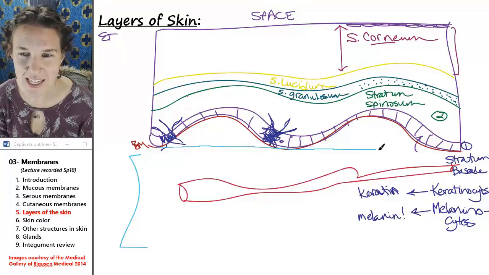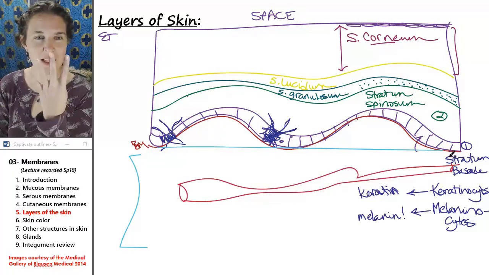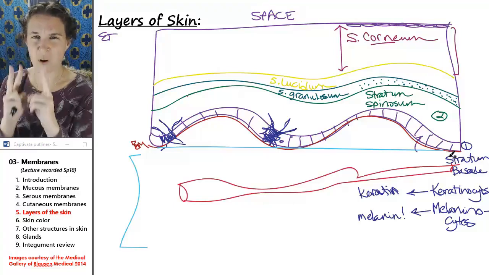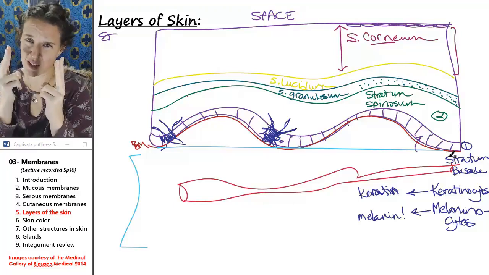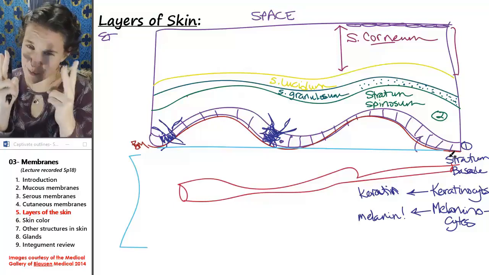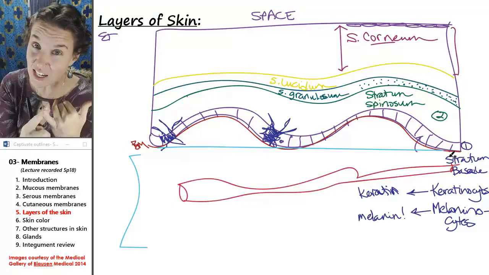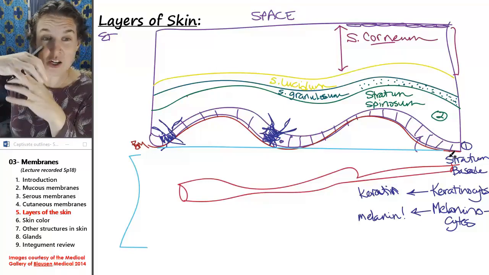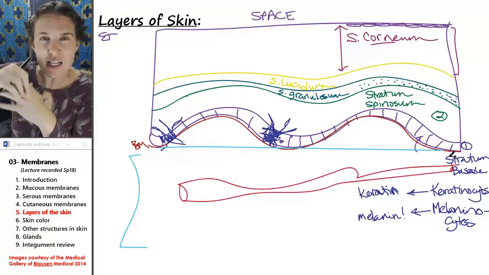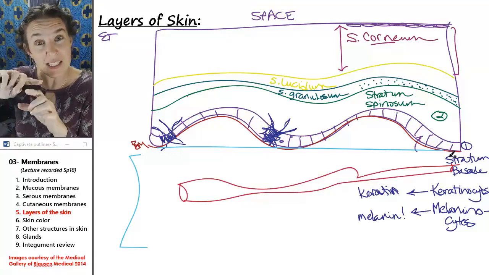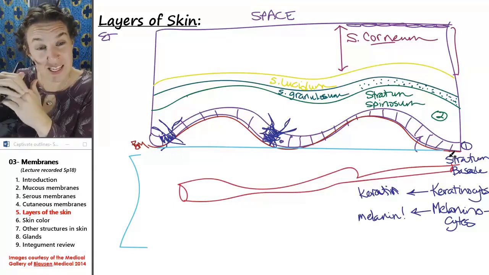Do you see these little, those aren't mistakes. They're like little nipples that poke up into the epidermis, and they actually increase the surface area of contact between dermis and epidermis. So they increase the amount of basement membrane that can connect them.